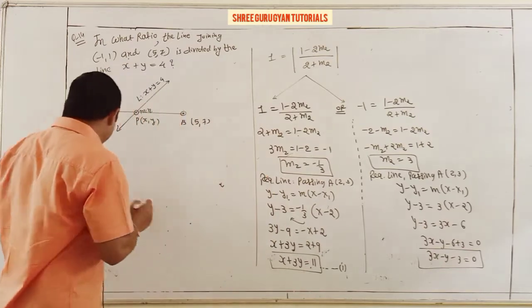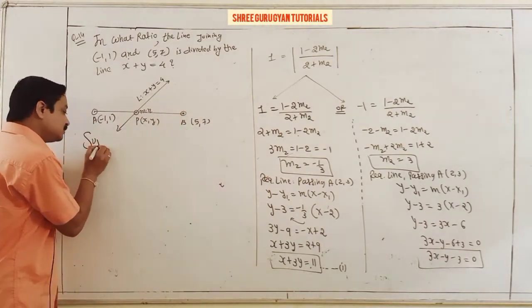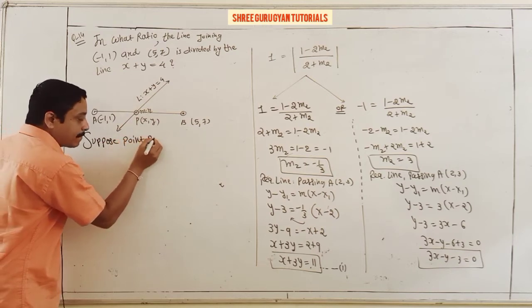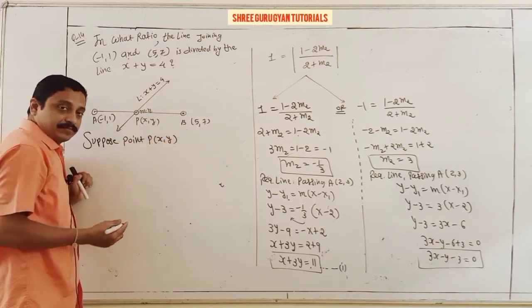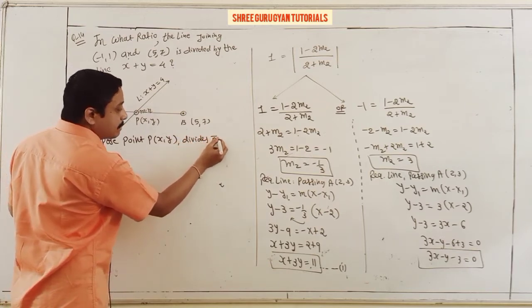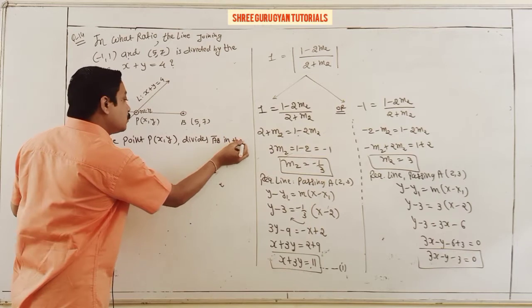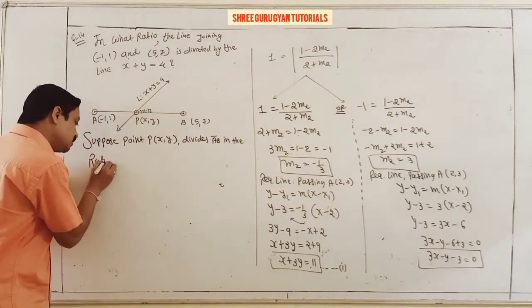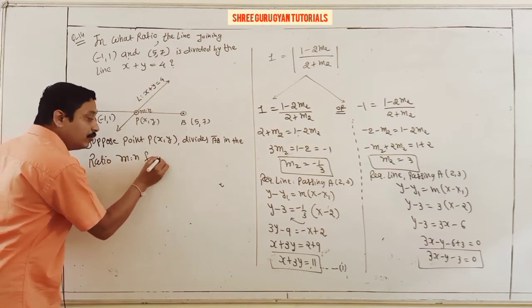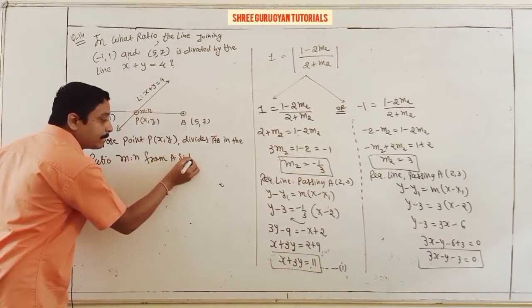But first I assume, suppose point P (x, y) divides AB in the ratio m:n from the A side.